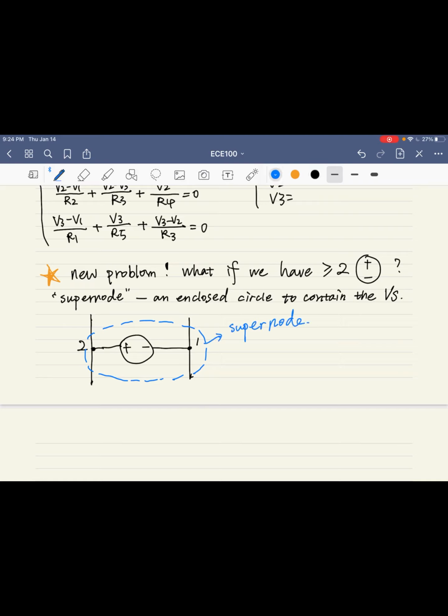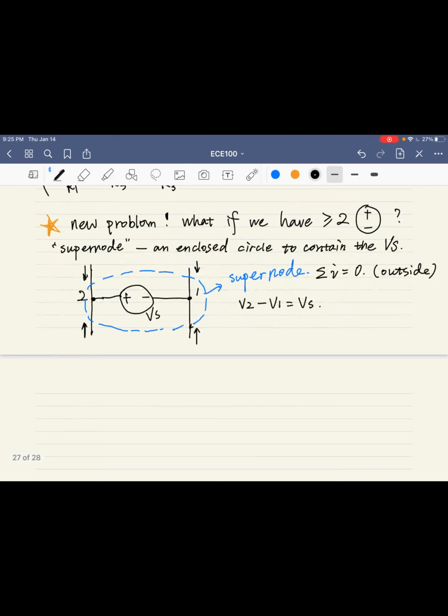And then let's track all the current flowing in or out and apply KCL at this supernode. And inside the supernode, we apply KVL like this. So we have the same number of equations as the number of unknown variables so that we can solve it. Is it clear?